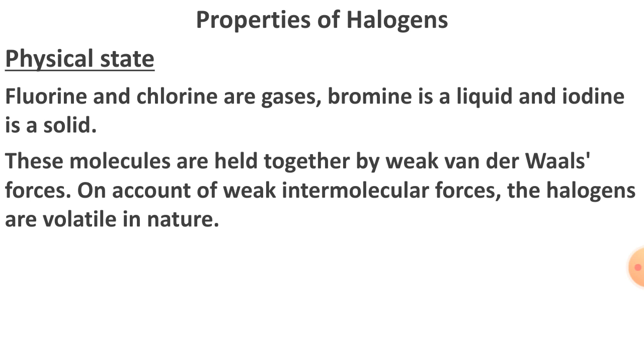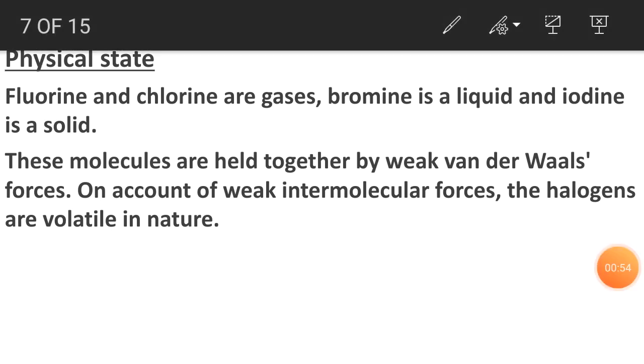On account of weak intermolecular forces, the halogens are volatile in nature, and the state changes from gas to solid down the group due to the increase in intermolecular force of attraction. Here again, volatile nature means they have a tendency to come into the form of vapor.